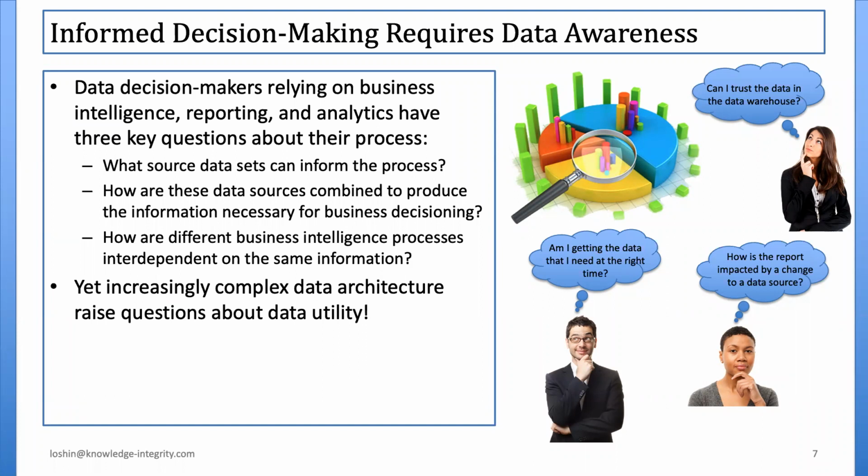Or the second question, how is a report impacted by a change to a data source? Well, I'd like to be able to trace the relationships and dependencies from the data source to the points in the different reports where that data is employed or used. And then, am I getting the data that I need at the right time?